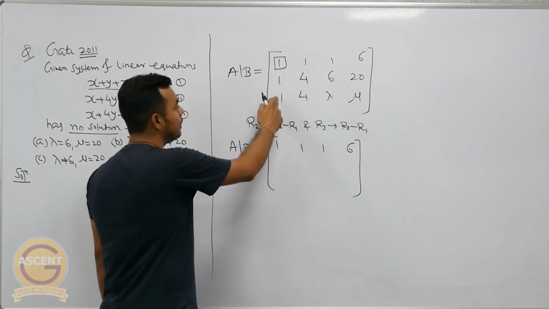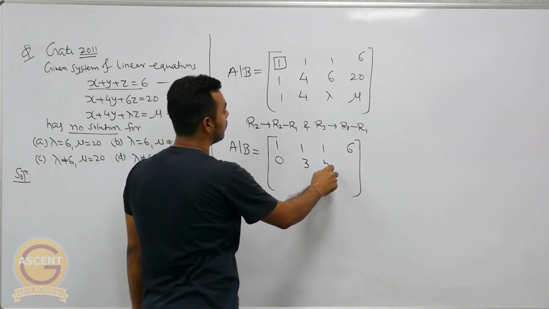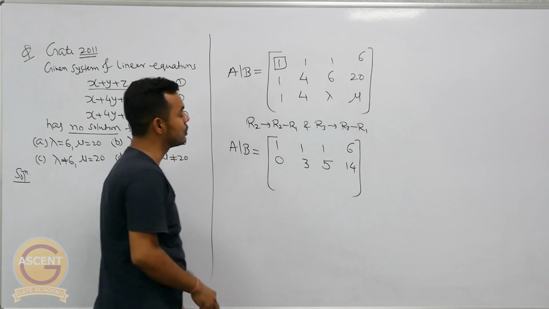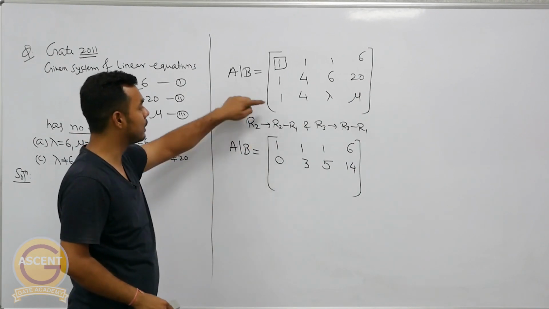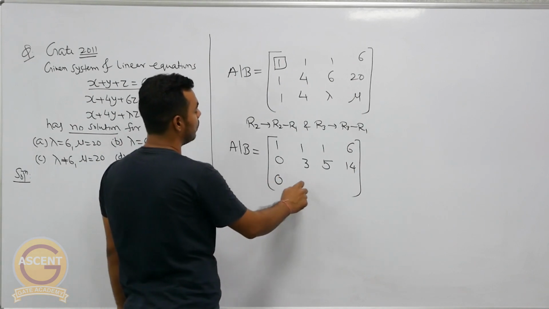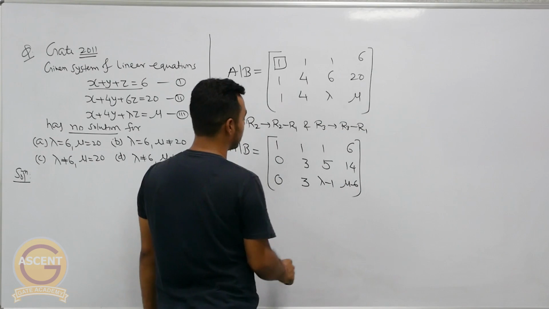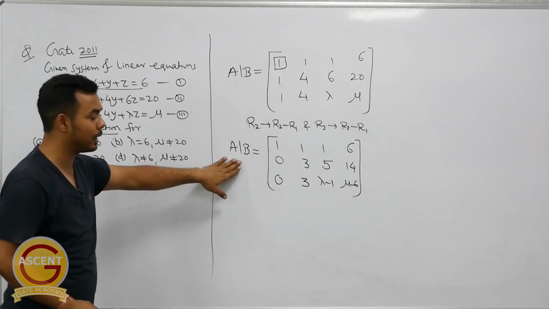Then the second row will be second row minus first row, so I will get 0, 3, 5, 14. And the third row is third row minus first row, so again I will get 0, 3, lambda minus 1, nu minus 6. So this is our augmented matrix A|B.